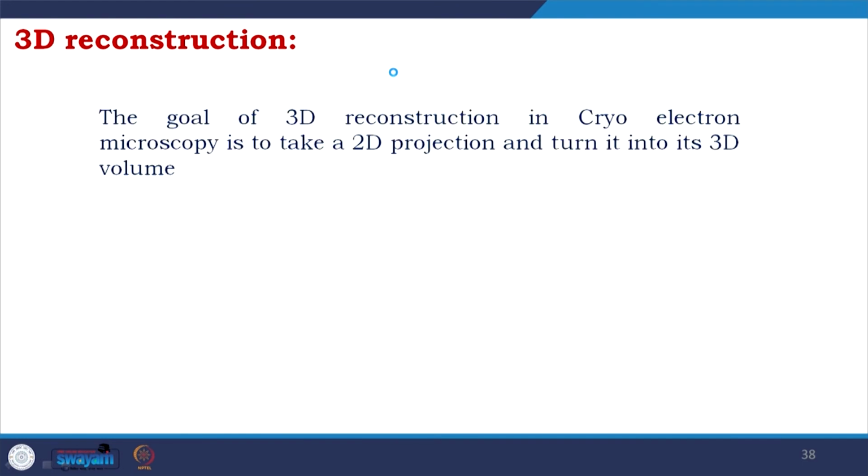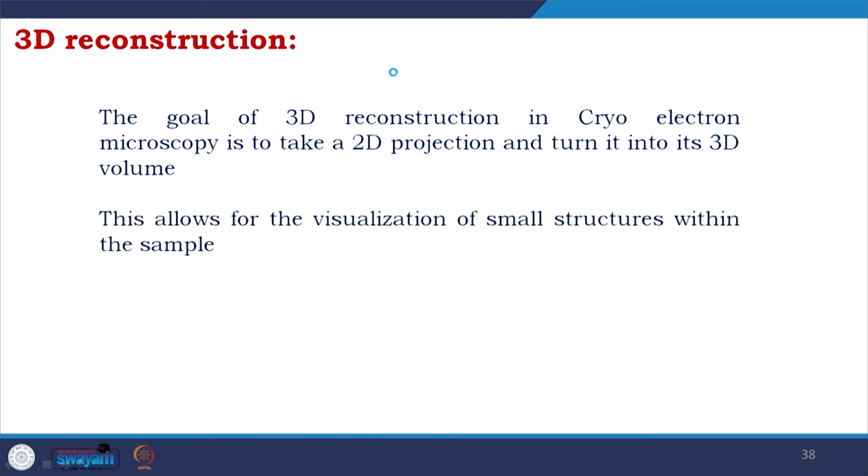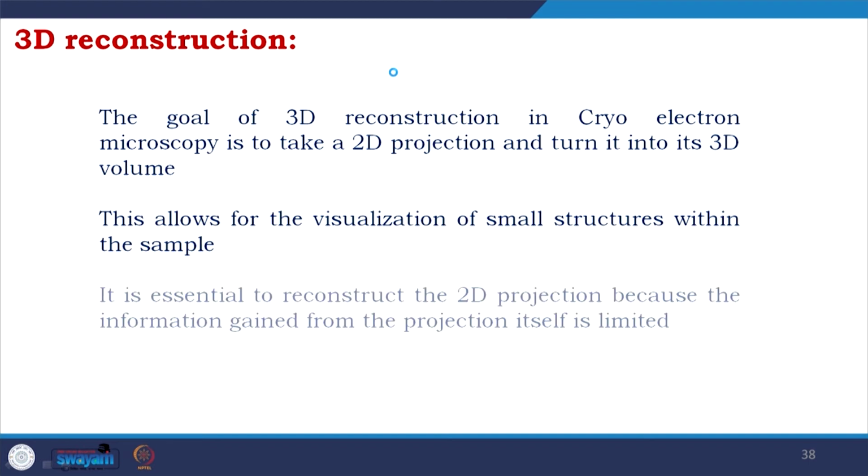Coming to the 3D reconstruction. The goal of 3D reconstruction in cryo electron microscopy is to take 2D projections and turn them into a 3D volume. This allows for the visualization of small structures within the sample.